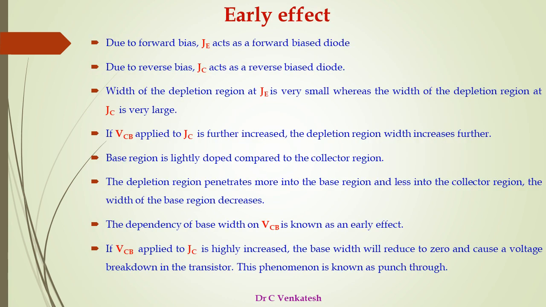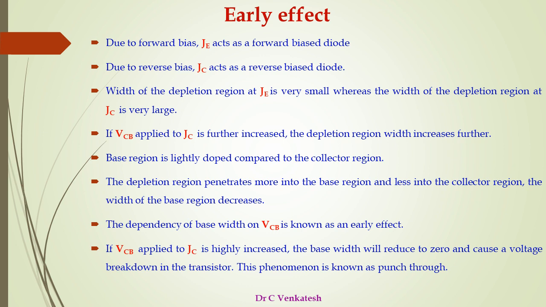Early effect. Due to forward bias, the emitter-base junction JE acts as a forward biased diode, and due to reverse bias, the collector-base junction JC acts as a reverse biased diode. Therefore, the width of the depletion region at the base-emitter junction JE is very small, whereas the width of the depletion region at the collector-base junction JC is very large.